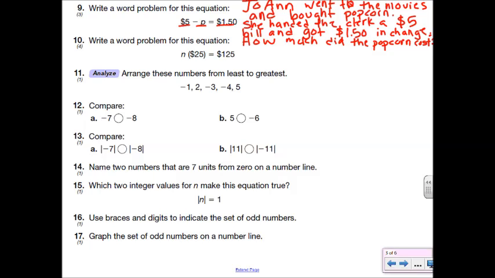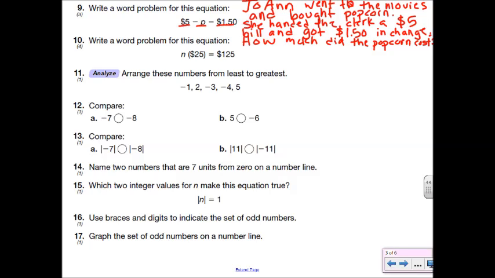Then it says, write a word problem for this equation. So you could say, this is an equal groups equation, and one of the examples that they kept using was one about tickets.